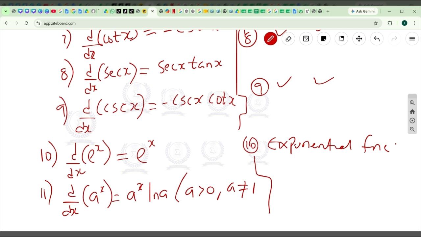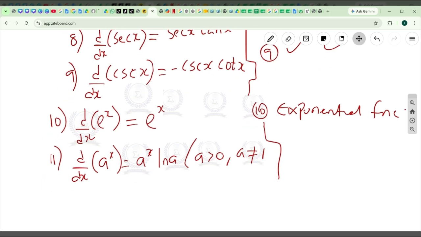As long as a is not 1 and it is greater than 0, then if you're differentiating that, you have a to the power of x ln a. So that's what you get when you differentiate a to the power of x.